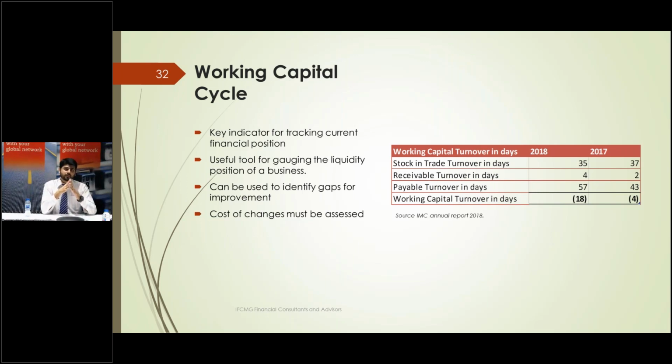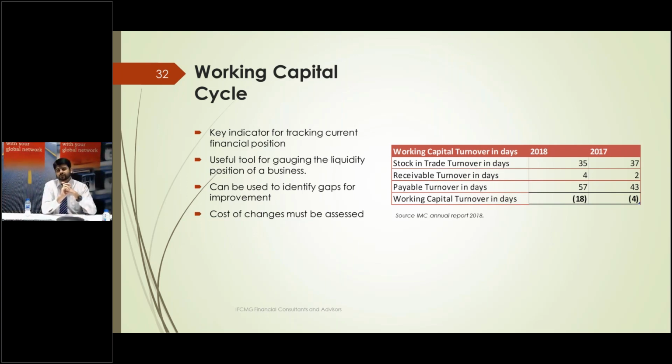Finally, vendor payable turnover: if we try to lengthen that, it's good for us that we don't have to pay the vendor so soon, but again there is a negative impact like we saw in the stock turnover.